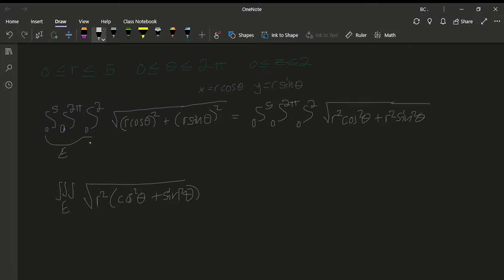Given the trig identities, we know that cosine squared theta plus sine squared theta is always equal to 1, so this becomes the square root of r squared, which means we are integrating just r dV. You always have to remember to go back and add that in. I always forget it. So that's how you set that up.